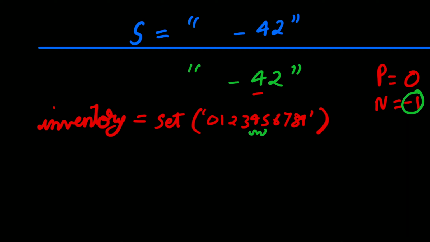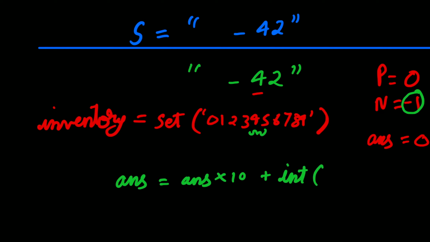So what we'll do is we'll have a variable called answer. At first, answer as usual will be equal to 0. In every iteration of the while loop, we'll make a change to answer. We will do something like answer equals answer into 10 plus the integer of s index. Our index will basically inform us which index we are at.